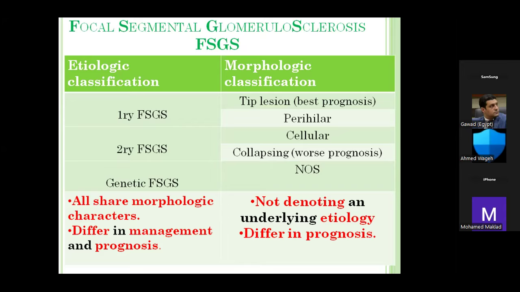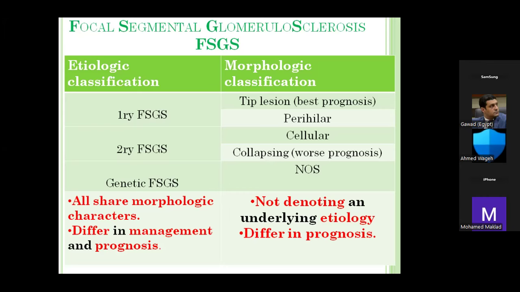But on the other hand, the etiologic classification is very important: primary focal segmental glomerulosclerosis, and secondary focal segmental glomerulosclerosis. Secondary includes what is adaptive, secondary to obesity, which I prefer to give the name of compensatory or adaptive focal segmental glomerulosclerosis; and secondary or sclerosing, secondary to sclerosis after an inflammatory region or immune-mediated disorder, and immune-mediated GN; and the genetic focal segmental glomerulosclerosis.